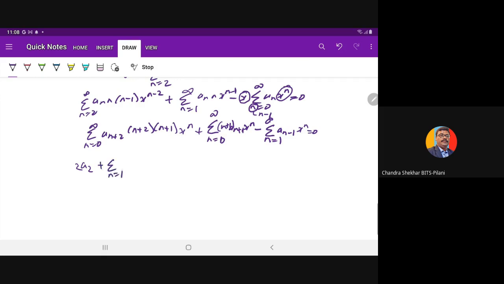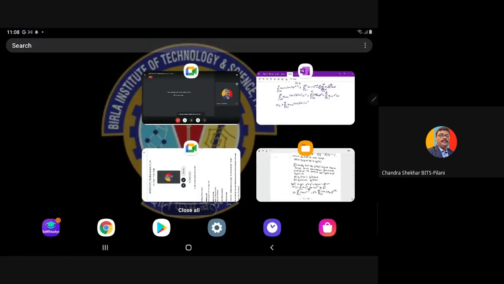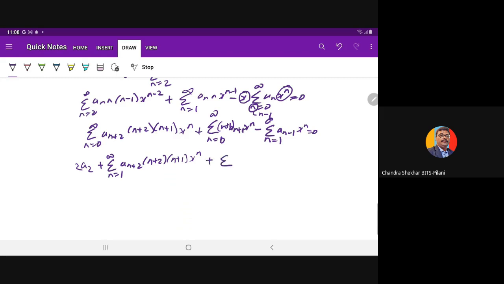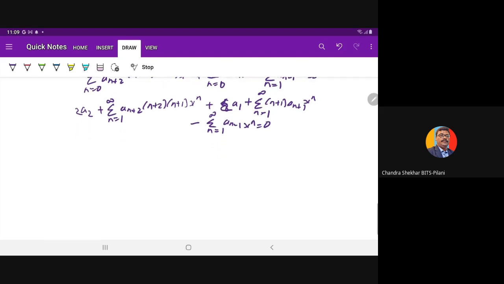Plus summation n is equal to 1 to infinity a n plus 2 into n plus 2 into n plus 1 x to power n, plus, now when we put n is equal to 0 in the second, it will give you only a1, yes, a1, plus summation n is equal to 1 to infinity n plus 1 a n plus 1 x to power n, minus summation n is equal to 1 to infinity a n minus 1 x to power n is equal to 0. So now you collect the like terms.